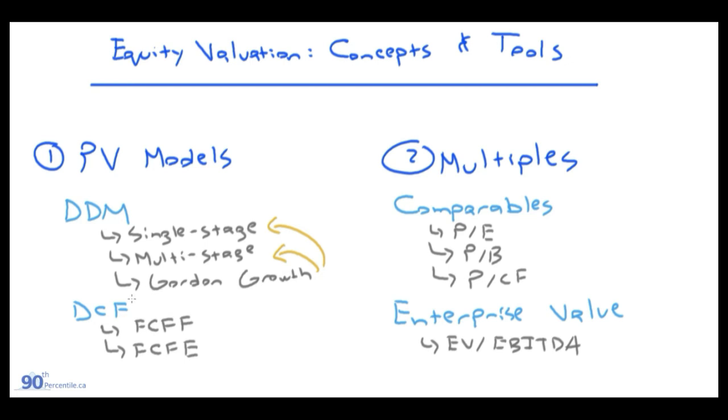And then we'll also be discussing DCFs or discounted cash flow analysis, which are, like I said, the same concept as a dividend discount model, but here we're using different inputs. So we're using free cash flow to the firm and free cash flow to equity, forecasting those out, discounting them back to today, and coming up with the present value of either enterprise value in the case of free cash flow to the firm or equity value in the case of free cash flow to equity.